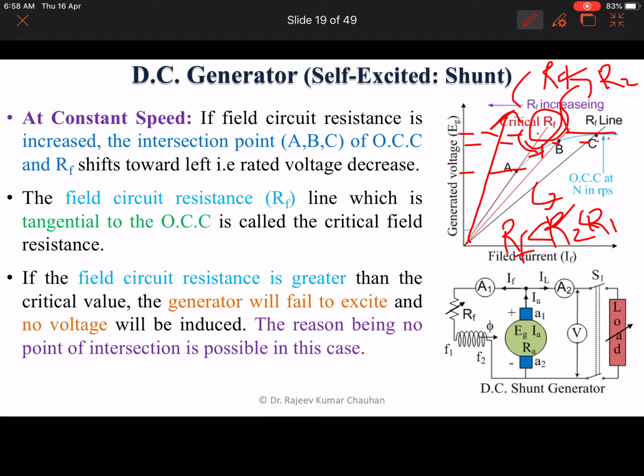If the field circuit resistance is greater than the critical value, meaning R4 is greater than RF critical, the generator will fail to excite and no voltage will be induced. The reason is that no point of intersection is possible in this case. We can see there is no intersection point with the OCC line of the generator.